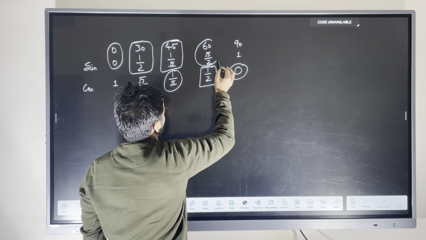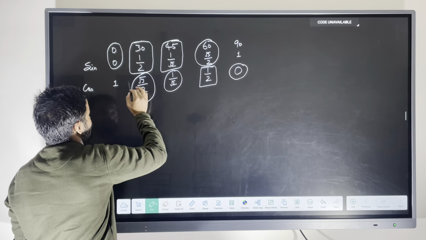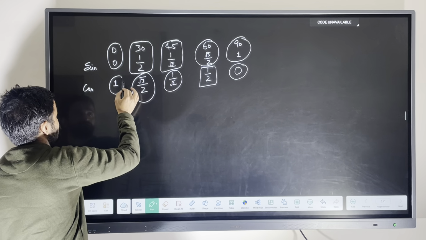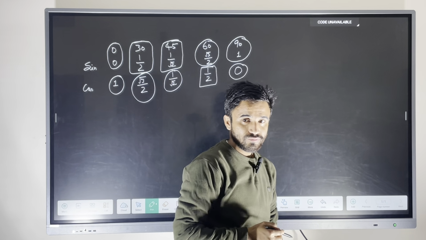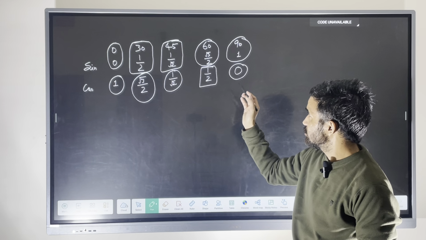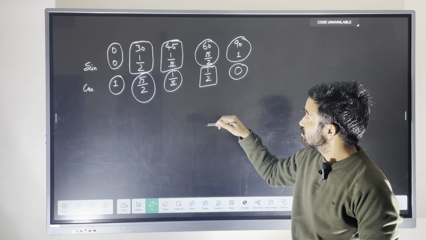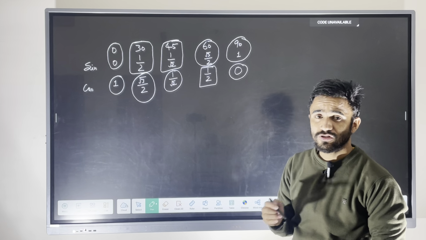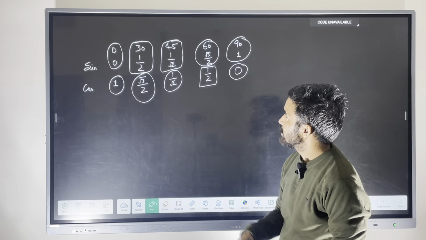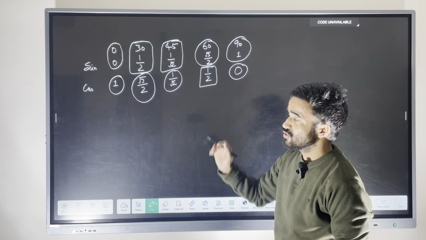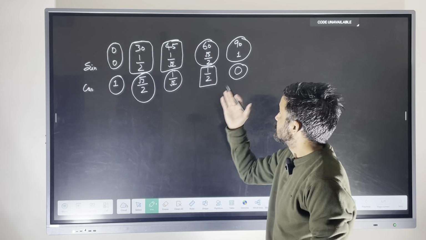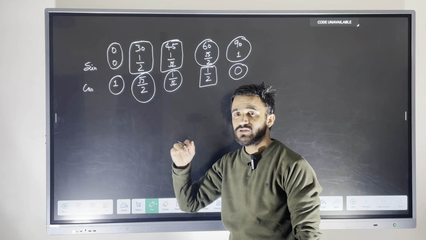Sine 60 and cos 30 have the same value, and in the same way sine 90 and cos 0 have the same value. So this is a little bit of a pattern.